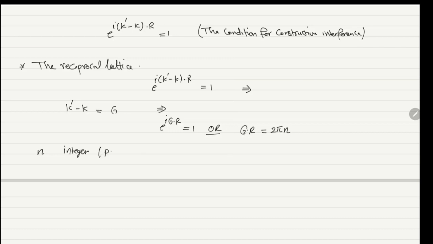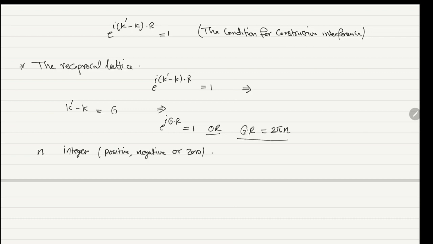It could be positive, negative, or even 0. And R in this case is any lattice vector.